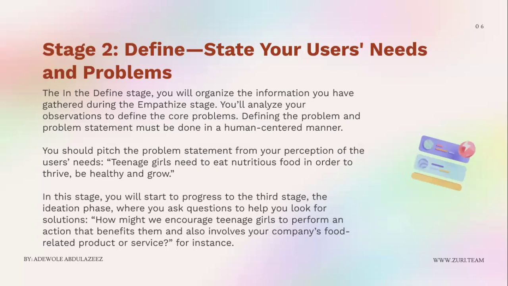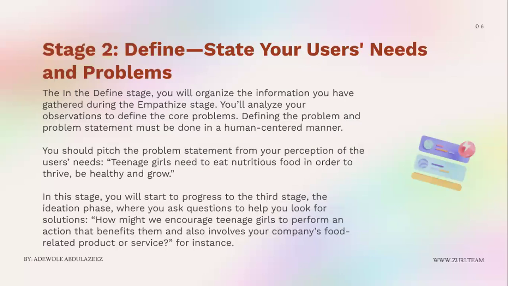You should pitch the problem statement from the perspective of the user's needs. The example they use is that teenage girls need to eat nutritious food in order to thrive, be healthy and grow. Probably this person is working with a food production company.